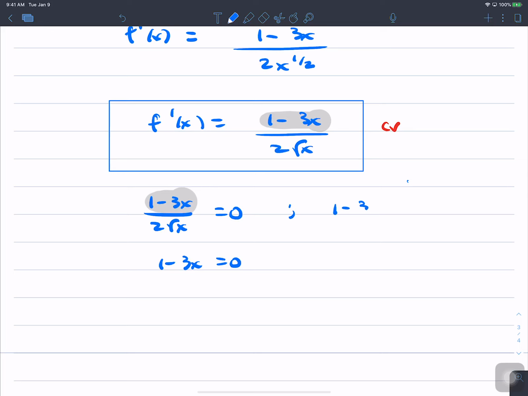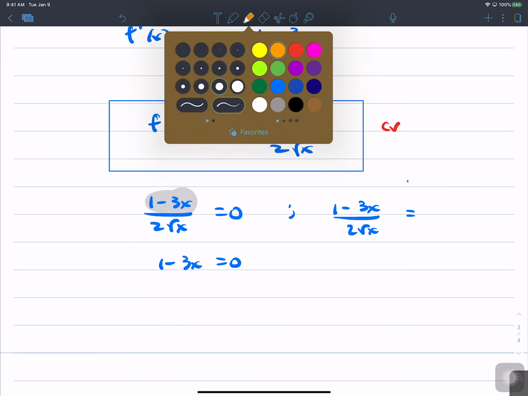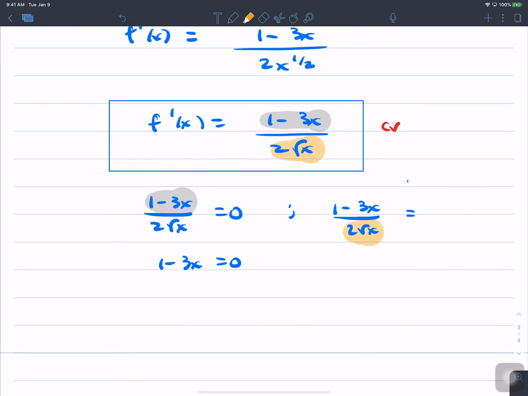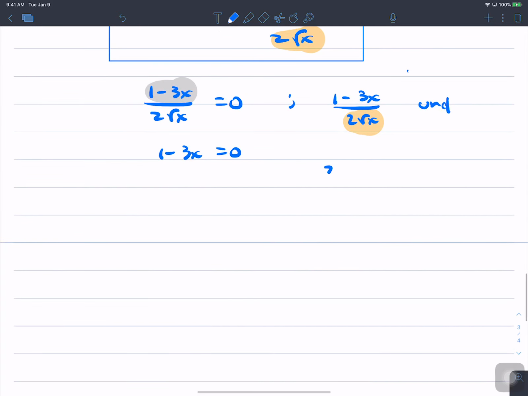And remember, this derivative also has to be undefined, or we should say it does not exist, right? So that will happen when the denominator is 0. So we're going to say 2 square root of x is 0.